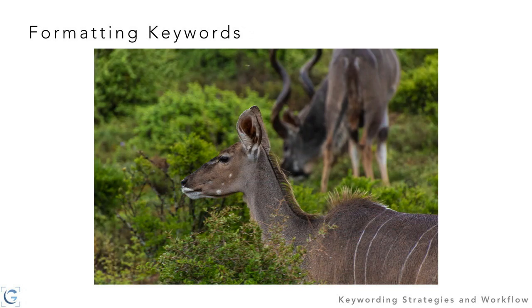Another thing that I think is worth considering when it comes to keywording is how you're formatting them. So I've already made reference to some keywords that actually consist of more than one word. So you go to Paris and you photograph the Eiffel Tower. Eiffel Tower, it's two words, but it's one keyword. You can have spaces in your keywords.